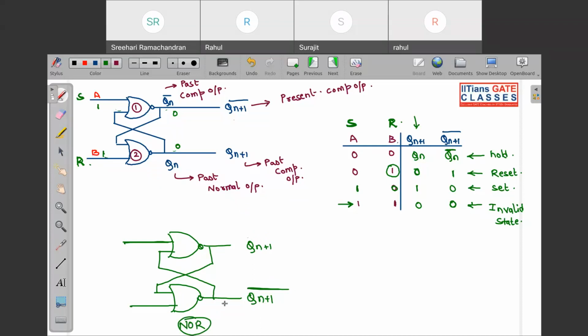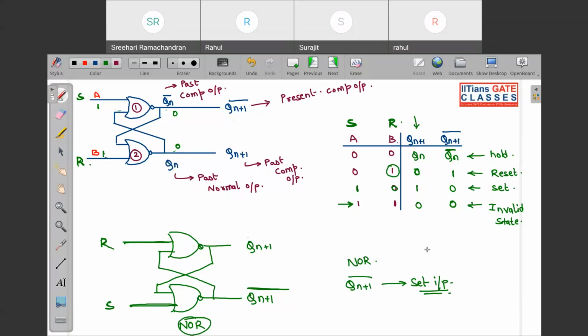So opposite to this is this input. So this will be set, and if this is set, obviously the other is going to be reset. So I always tell all my students to remember it like this: in NOR latch, opposite to complemented, we have the set input. That's it. Now if you know the set input, obviously the other input will be reset. Is this clear, everyone? So this is the concept of SR latch.